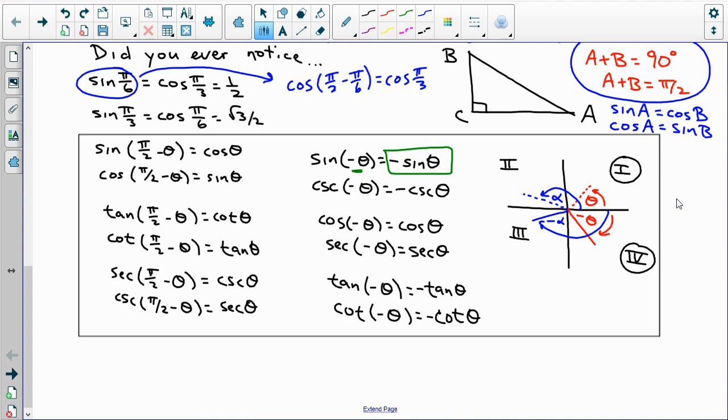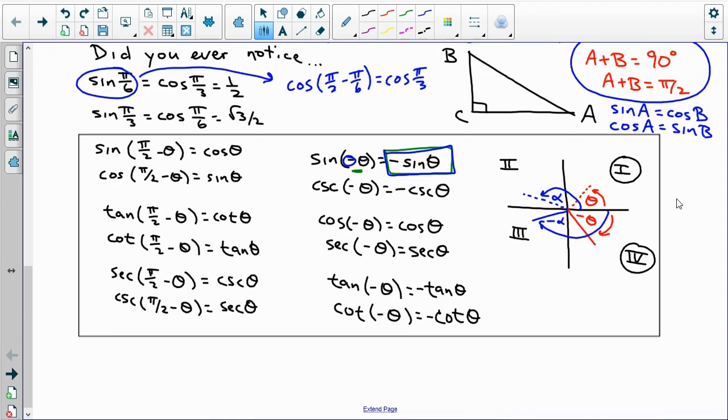When you look at sine and tangent, essentially what that means from an algebraic perspective is if you see a negative angle, you can turn it into the negative of the function of a positive angle. That's true for sine, cosecant, tangent, and cotangent. For cosine, the negative angle can just basically go away.